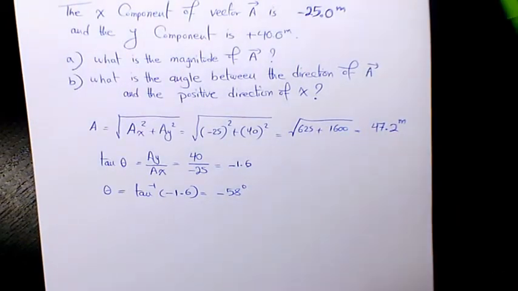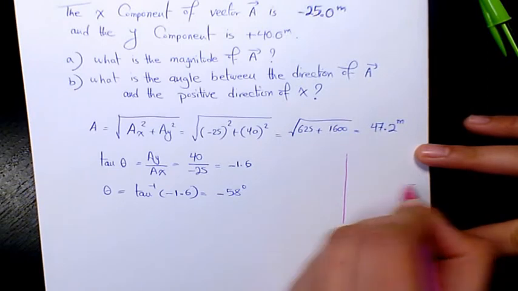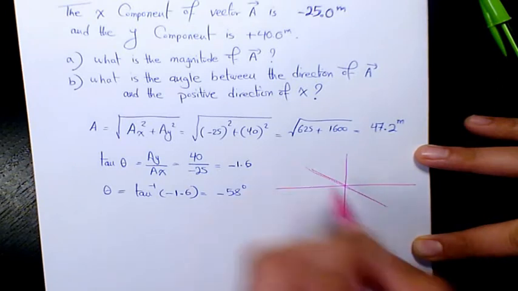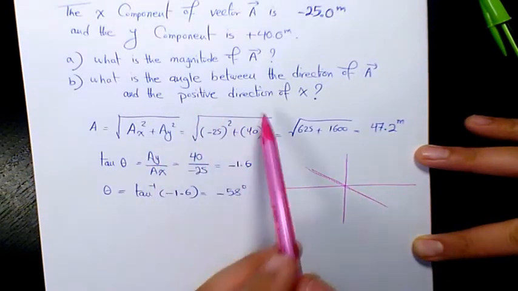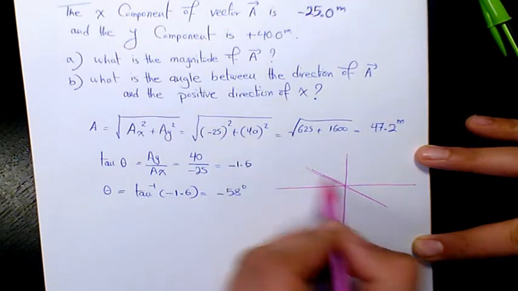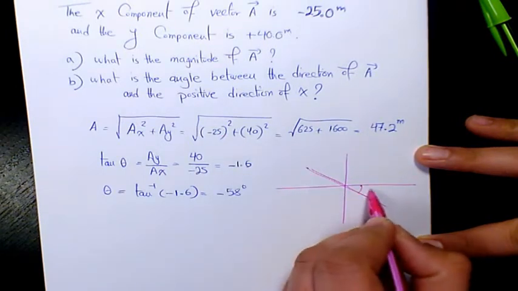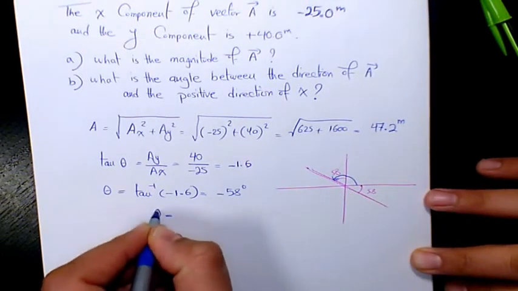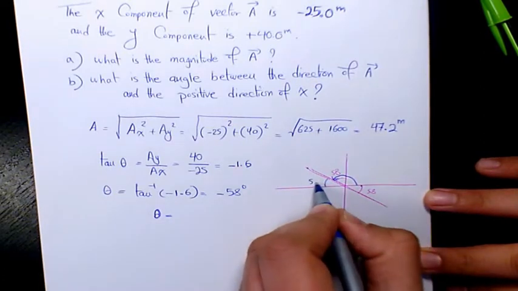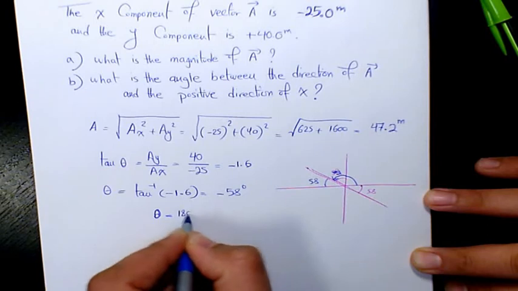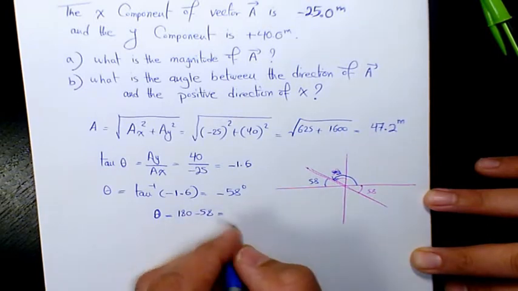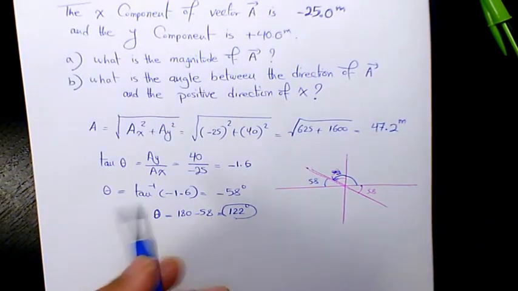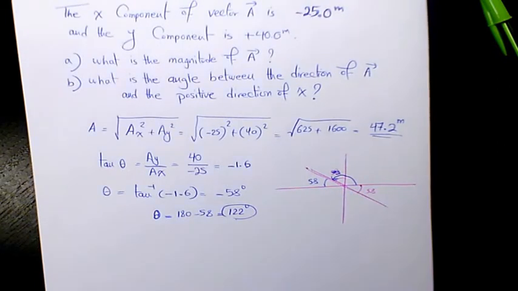Since the tangent is negative, it means that it has to be in quadrant 2 or quadrant 4. It cannot be in quadrant 4. Why? Because here the ax is negative, so it has to be in quadrant 2. So this one is 58, so it's going to be 180 minus 58, which is 122 degrees. So 122 degrees, and the magnitude is going to be 47.2.